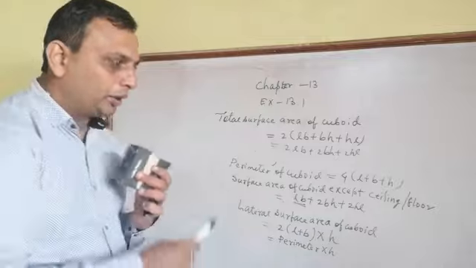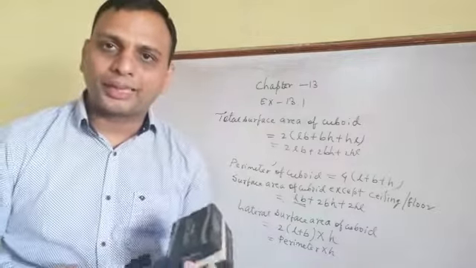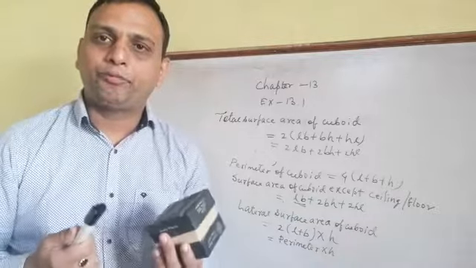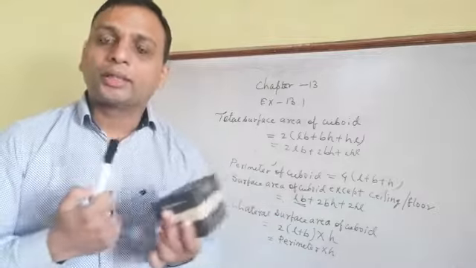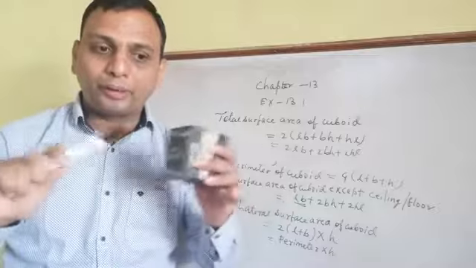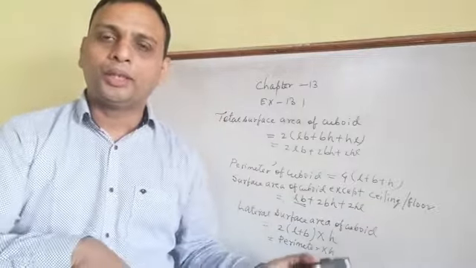I hope this is clear to you, because when we solve the exercise, we will apply the formula, and you should know it very thoroughly, clearly understanding where and which formula to apply.